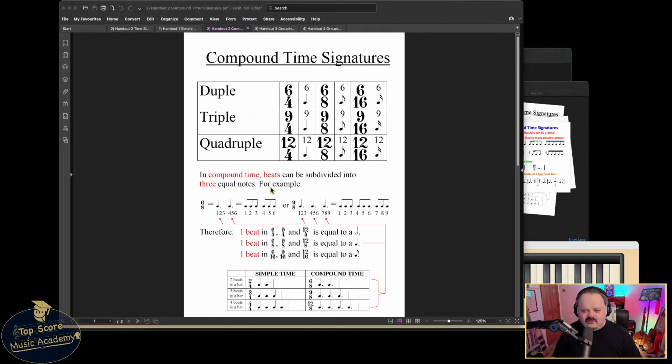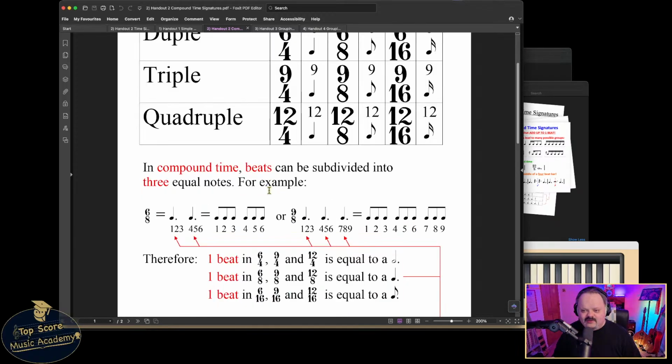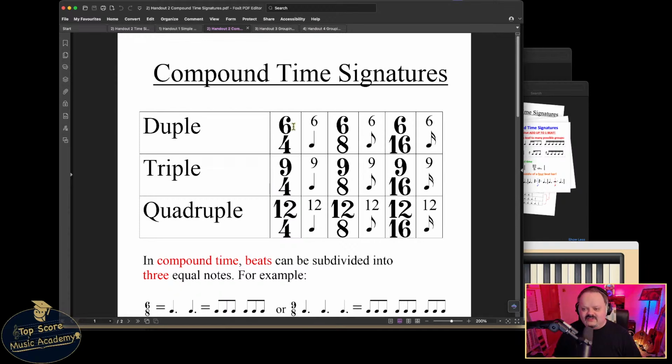Okay, so how do we know that we're in compound time? Let's zoom in. Anything with a 6, 9, or 12 on the top, anything at all, is compound time. So 6/4, 6/8, and there's our 6/16. Yeah, those are all the most common types of compound time.